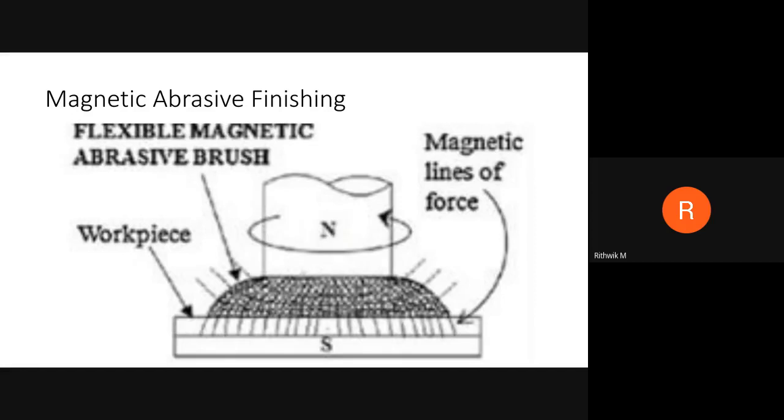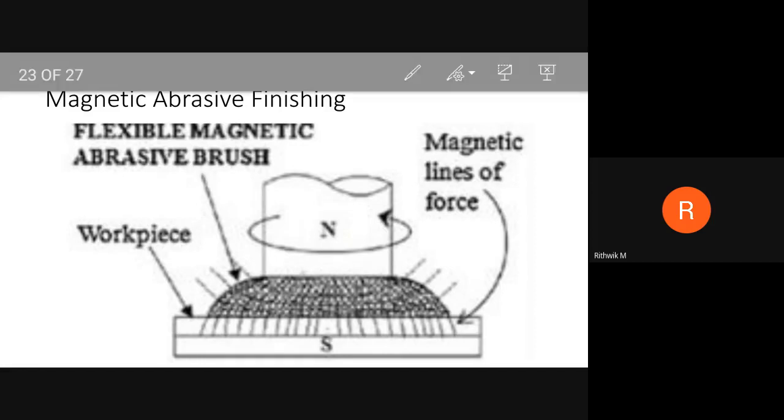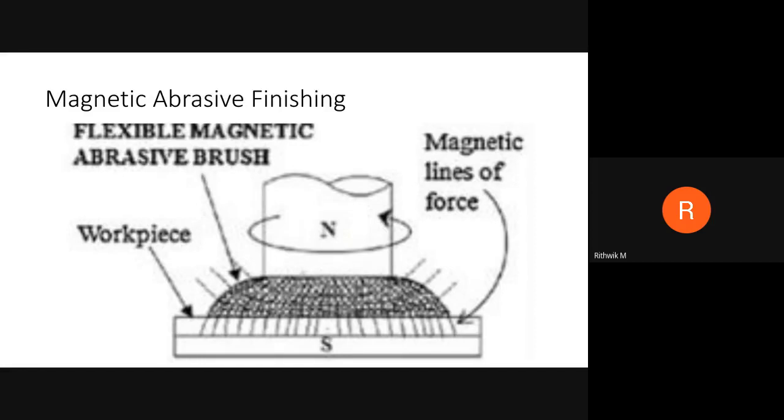Next is magnetic abrasive finishing. That means we have some magnetic effects, using a certain magnetic field along with abrasive particles to machine the surface. Now we'll see how it is conducted. This is a process where we use a mixture of mainly non-ferromagnetic abrasives and ferromagnetic iron particles.